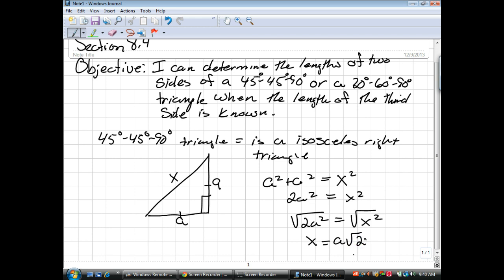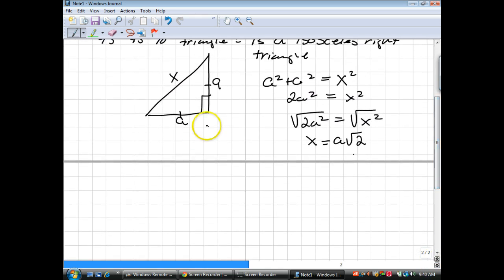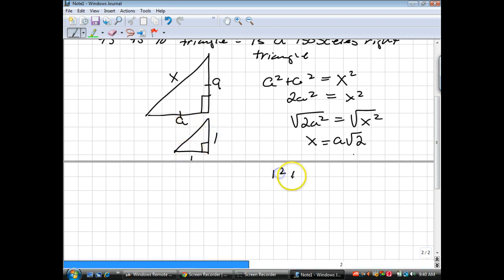So if a is 1, then 1 squared plus 1 squared equals x squared, or 2 equals x squared, or x equals the square root of 2.